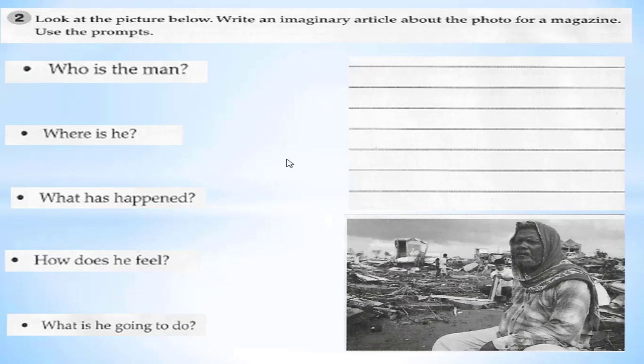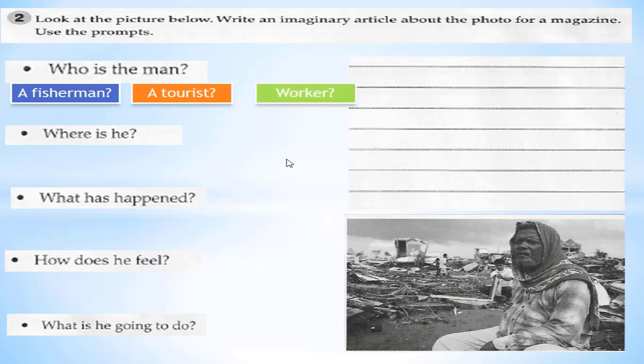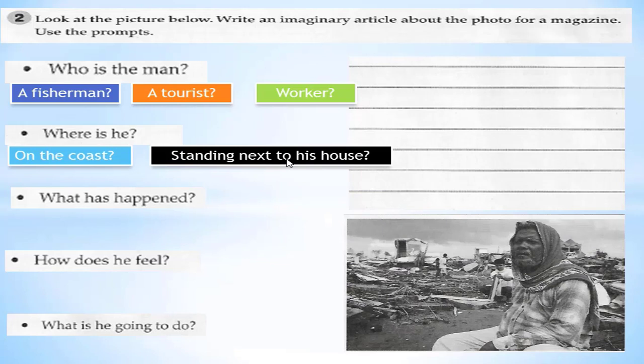You may say he is a fisherman, or he is a tourist or worker. Where is he? You have to mention the place. You can say he is on the coast, or he is standing next to his house, or he is in the city.